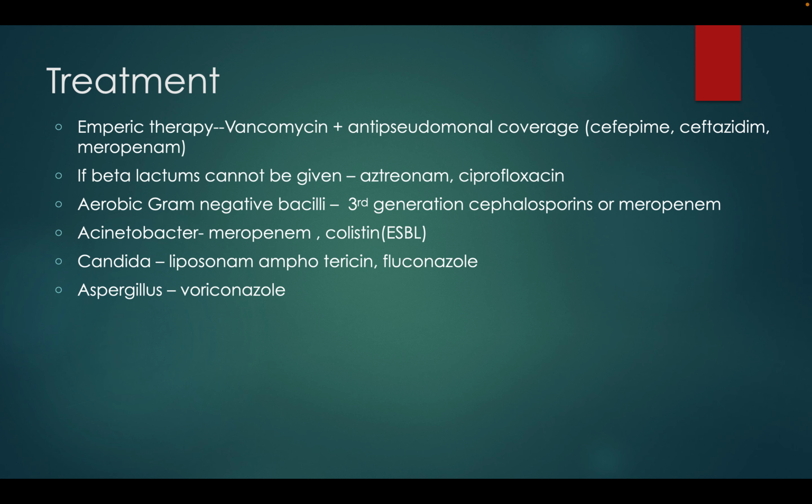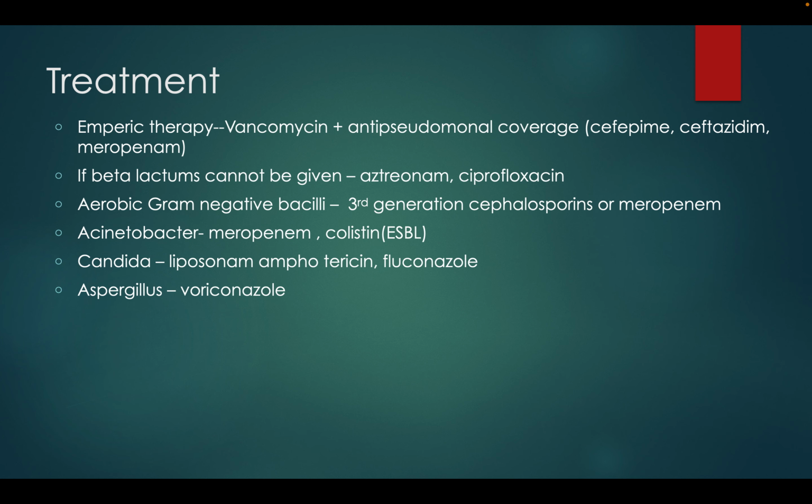As far as therapy is concerned, start them straight away on vancomycin with a combination of anti-pseudomonal cover, either in the form of cefepime or ceftazidime or meropenem. And I clearly remember we started him on ceftazidime avibactam plus vancomycin combination.